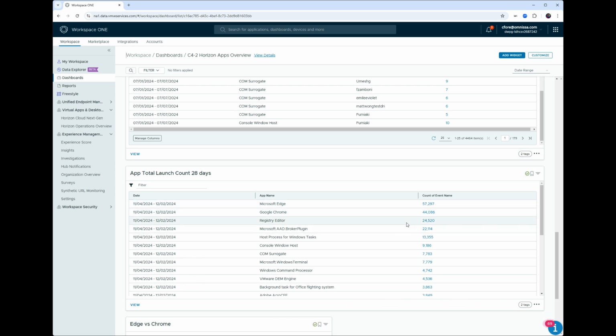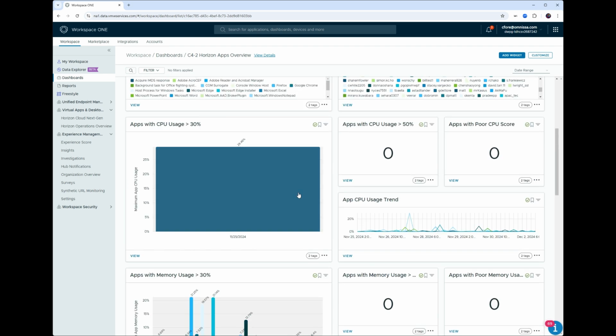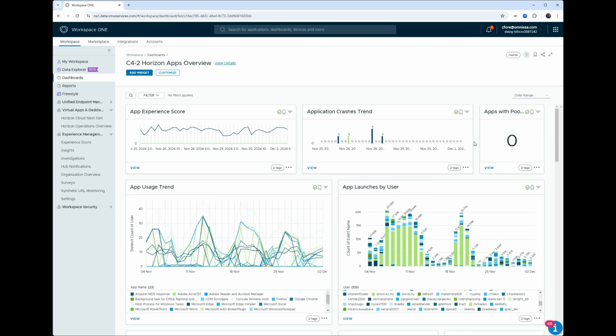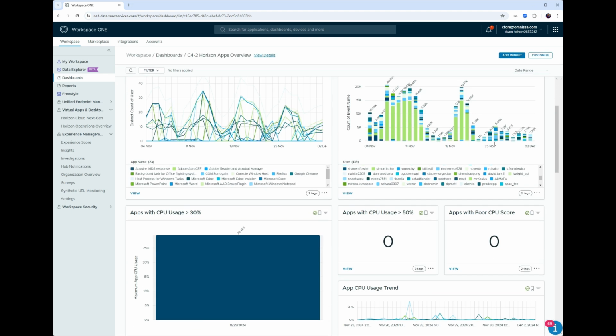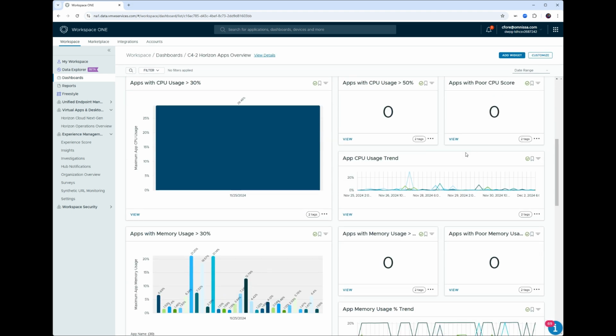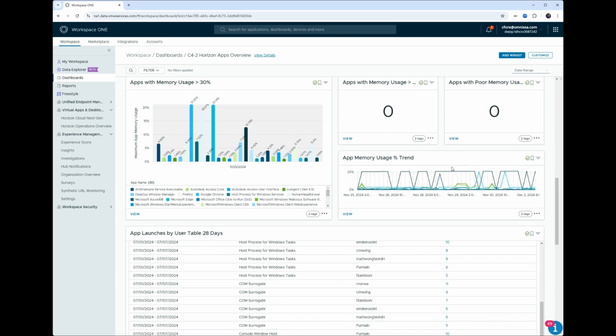So again, every dashboard is going to have its own purpose, but from a best practice perspective it helps to organize it in a way that prioritizes the most necessary information up top, and then gets into the granular details, with a consistent flow as you go down the dashboard.